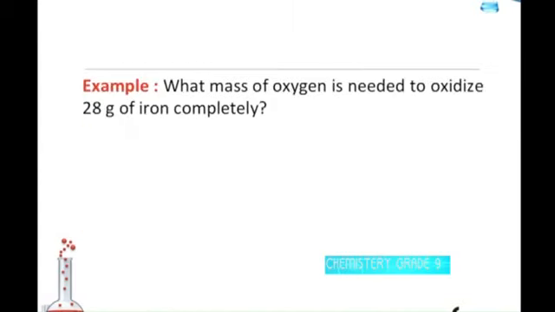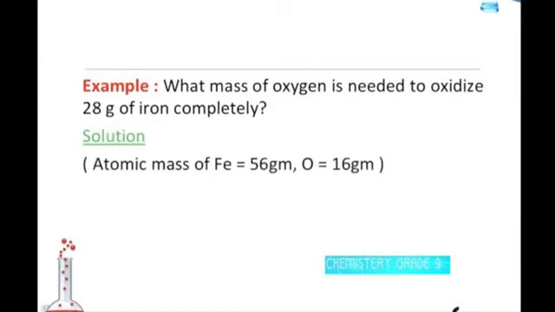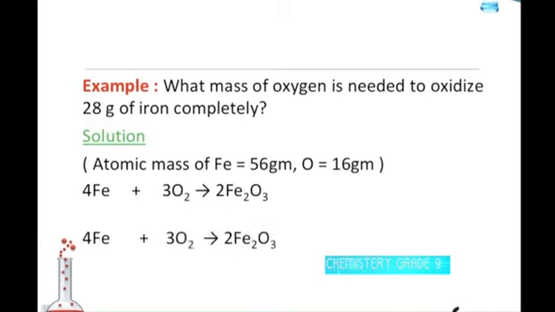For example, what mass of oxygen is needed to oxidize 28 grams of iron completely? The atomic mass of iron is 56 grams, and oxygen is 16 grams. 4 iron plus 3 oxygen yields 2 iron oxide.